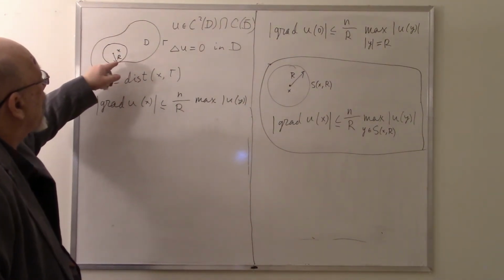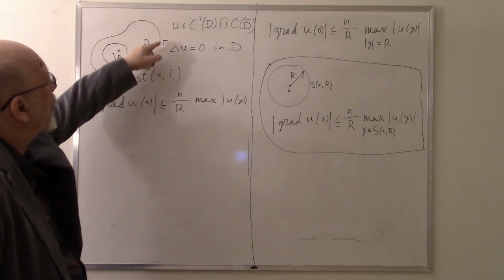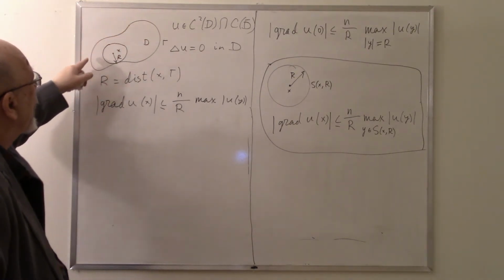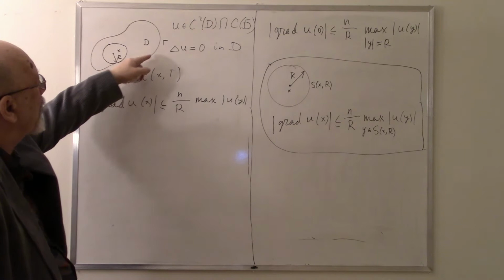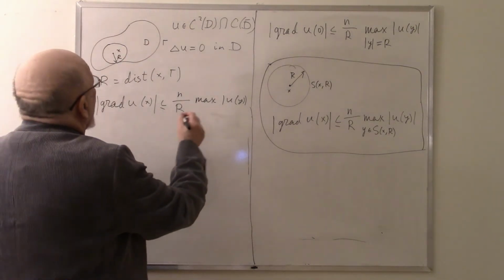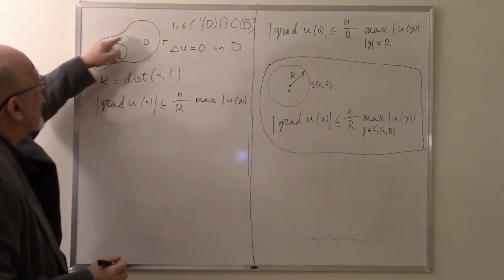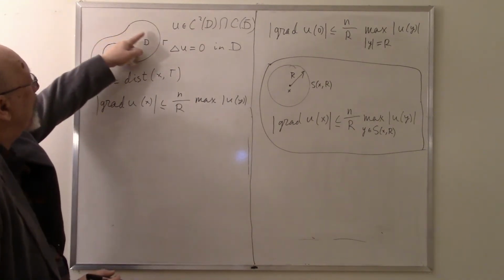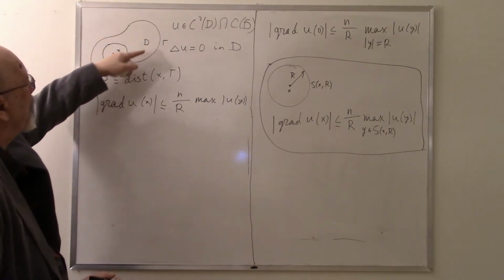If you want an estimate which depends only on the values of the function on the boundary, the function inside is less or equal than the maximum modulus of the function on the boundary.